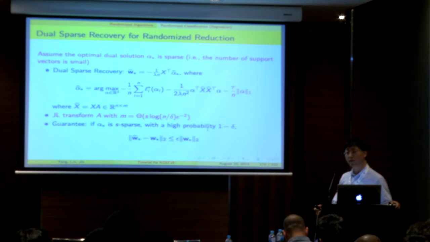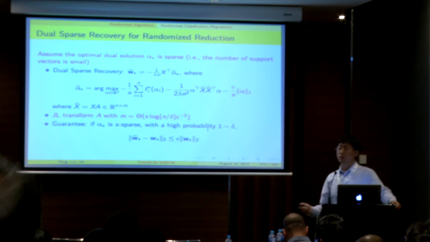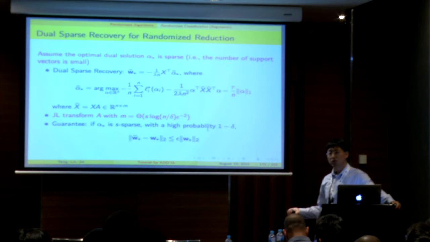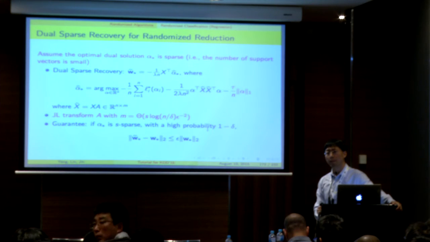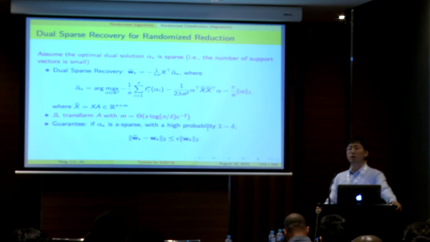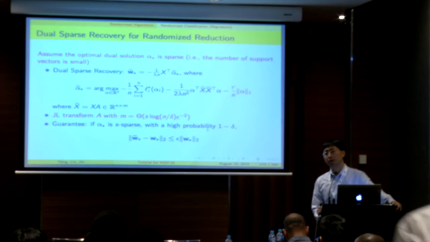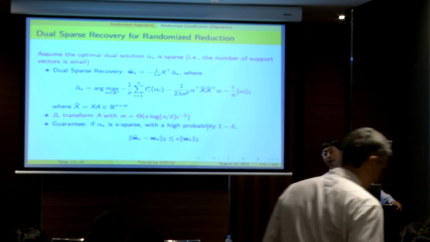Is this W star the optimal solution from that optimization problem? This W star is the optimal solution from the original formulation using the original data matrix X. So in this case, the estimated solution minus the true solution is bounded by the norm of the original solution.